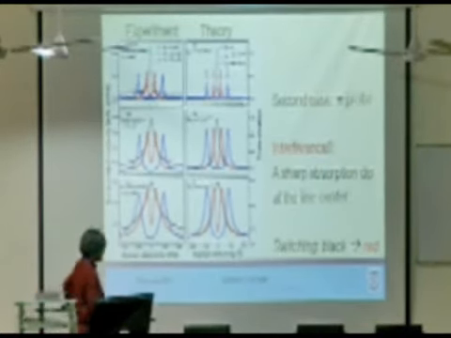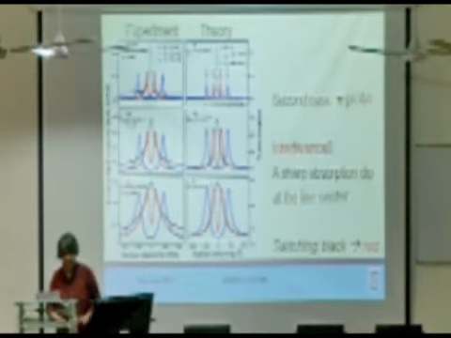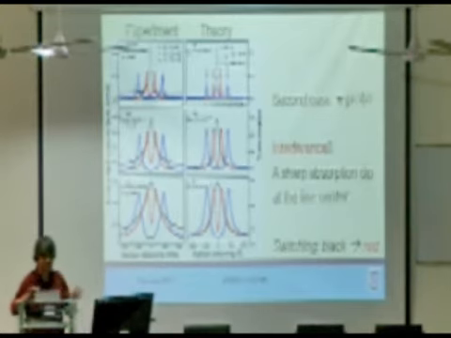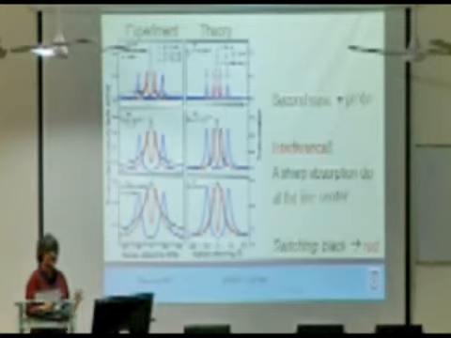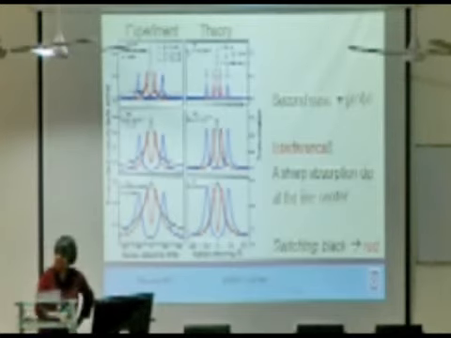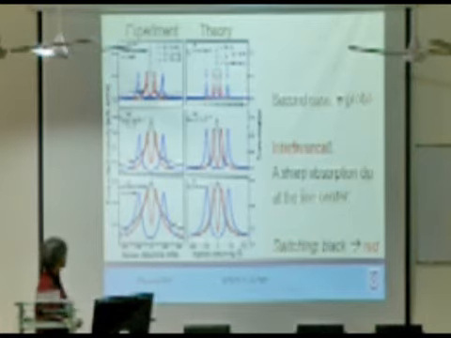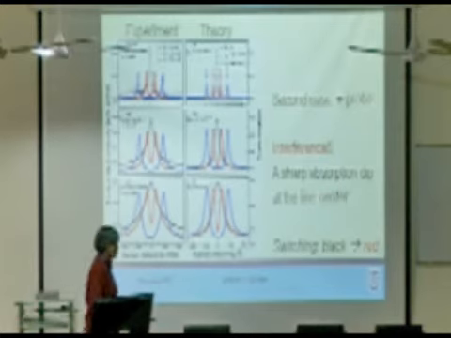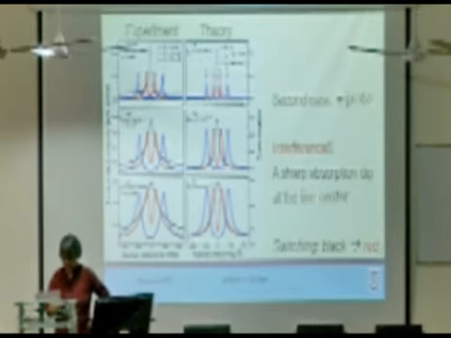Now, to give a very simple picture in terms of dressed states is difficult in this case, but we have an understanding of what is going on. So the next problem was really to go ahead and probe in between cases and find out what kind of interference is possible.